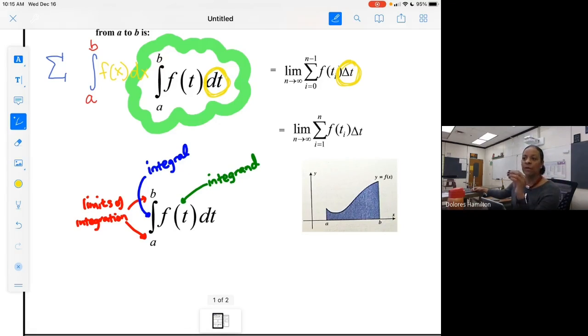Our function is in my face, that's f of x. Inside the definite integral, it's referred to as the integrand. I don't think after this you'll ever hear that again. And then every integral is sort of closed, like a period, with dt or dx or whatever the variable is that the independent variable is labeled.